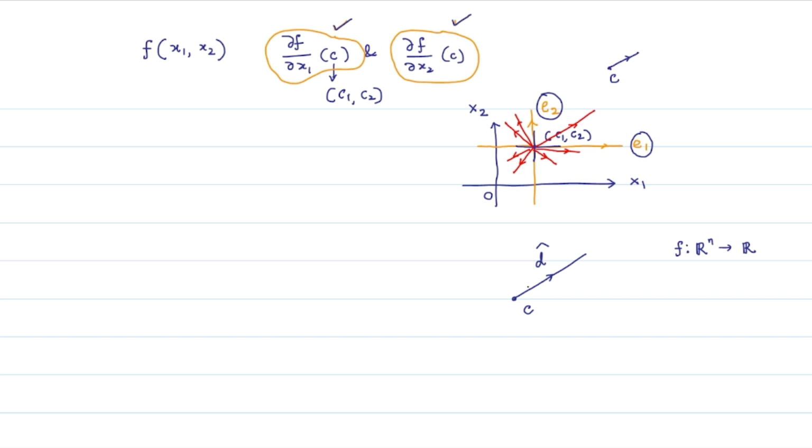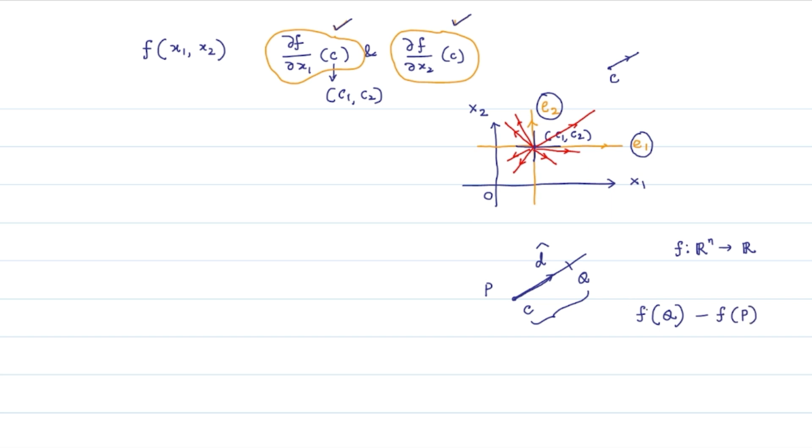To find this instantaneous rate of change, let us consider any point, say Q, along this ray, and suppose this initial point is the point P. Now when we move from the point P to Q, the function value changes from Fp to Fq, and therefore due to the movement from P to Q, the function value has changed by the quantity Fq minus Fp.